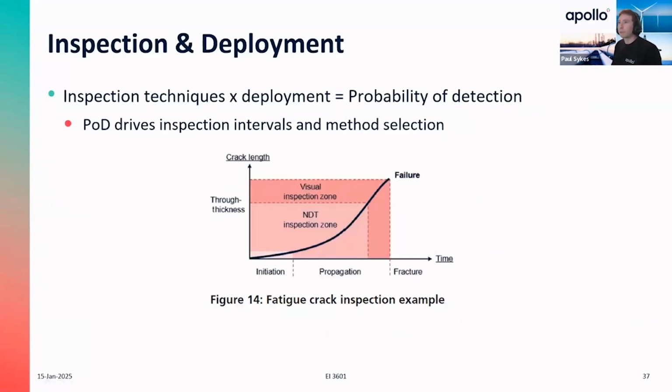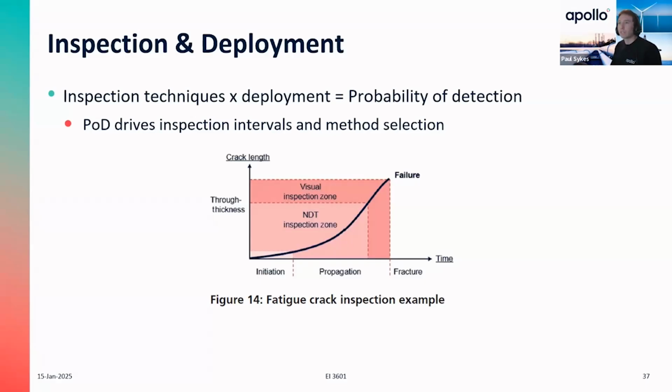So this slide's really about linking the inspection technique and how it's deployed to what you can actually detect in practice. Different techniques are better at finding different types and sizes of defects, and that directly influences how often you inspect and which methods are appropriate. This graphic shows a simple fatigue crack example. Early on, when cracks are small or not yet surface breaking, visual inspections won't pick them up.